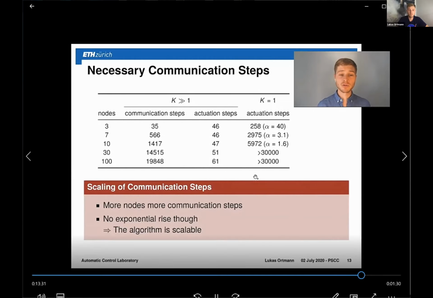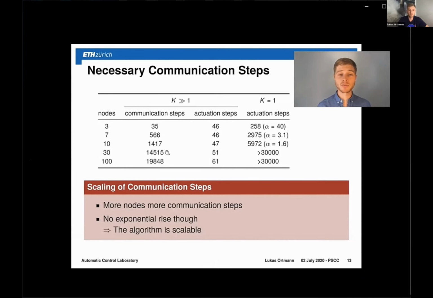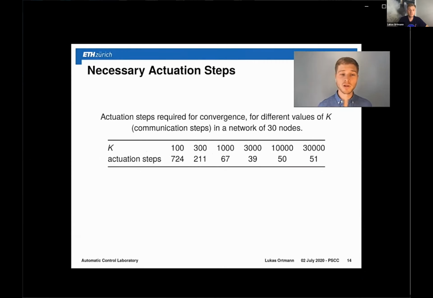Now let's have a closer look at what happens for the case with 30 nodes. We know that if we do nearly 15,000 iterations of the mu and the q update, then we can converge within 51 actuations. But what happens if we're not doing all these 15,000, but we're doing less? This is what we're going to see on this slide. So for the 30 bus case, if we do 30,000 iterations of the mu and q update back and forth, we are going to converge in 51 steps.